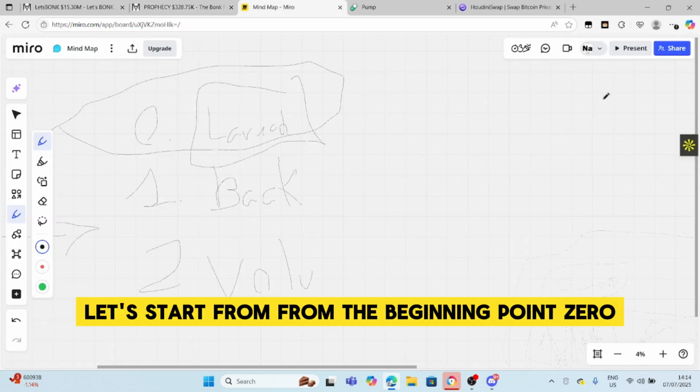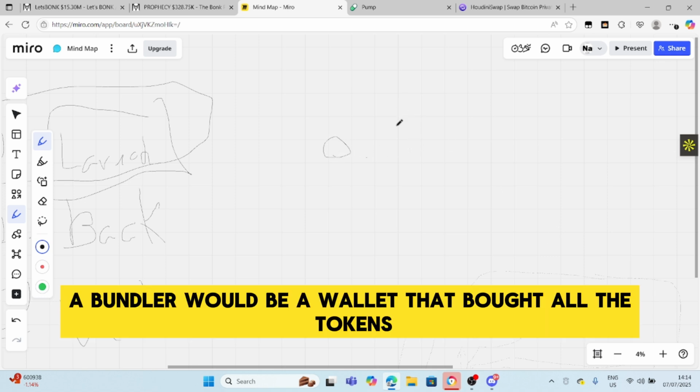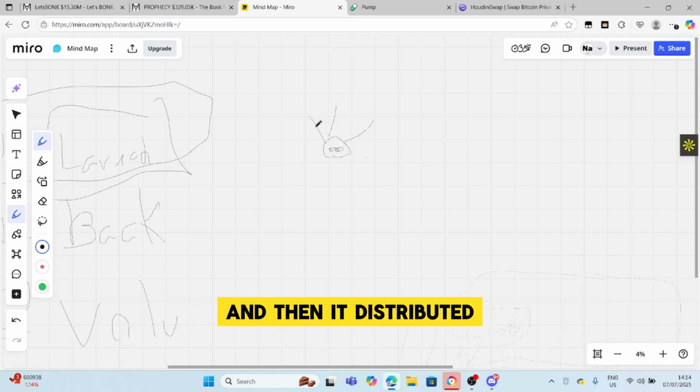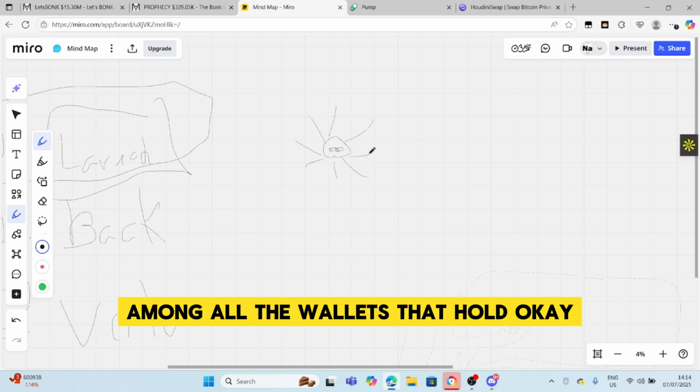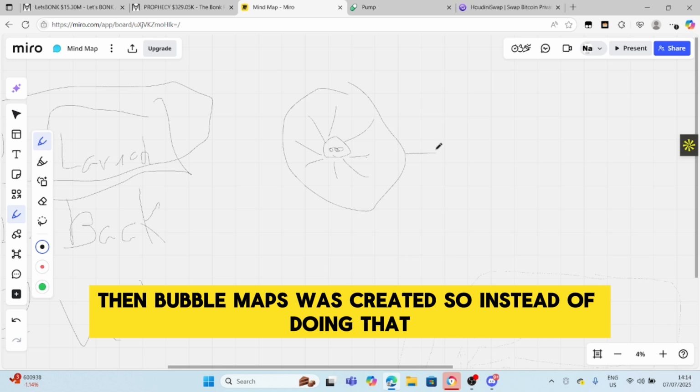So let's start from the beginning. Point 0, a bundler would be a wallet that bought all the tokens and then distributed them among all the wallets that hold. Okay, and then bubble maps was created.